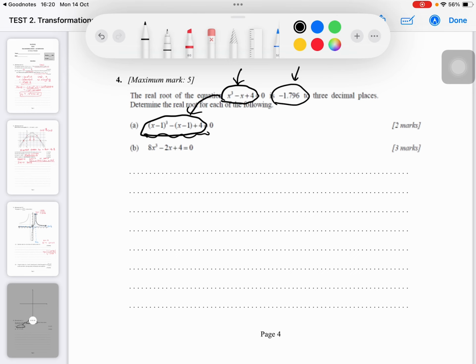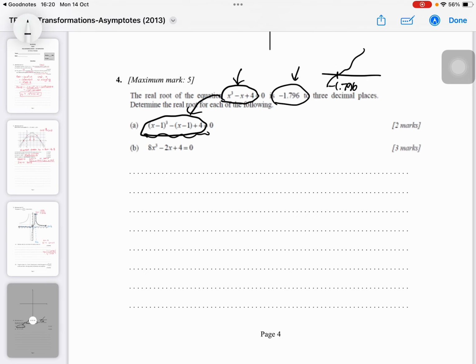So if the x-intercept is negative 1.796 or something like this, then because now we move 1 unit to the right, the x should be negative 0.796.